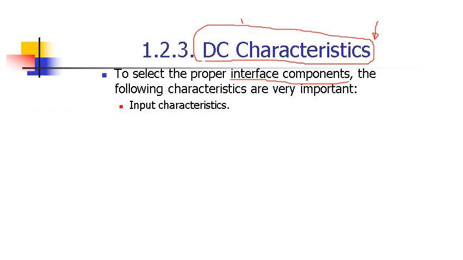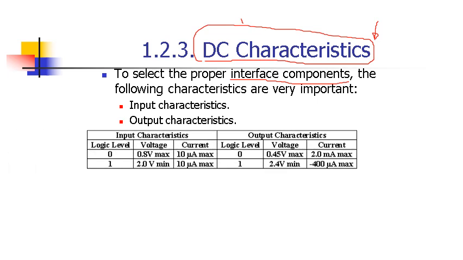So if we are inputting some voltage to the processor, what is the range of zeros and ones? If we are getting bits out of the processor, what is the range of zeros and ones? And here you are. For inputting bits to the processor, it can sense a 0 for a maximum of 0.8 volt and a maximum current of 10 microampere.